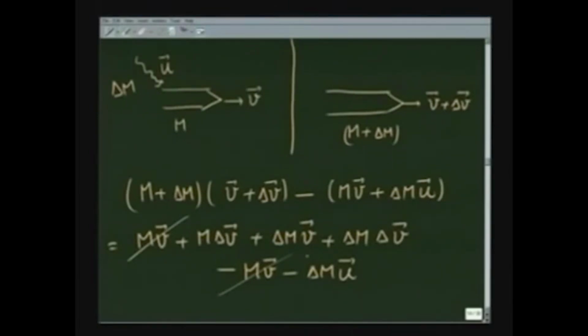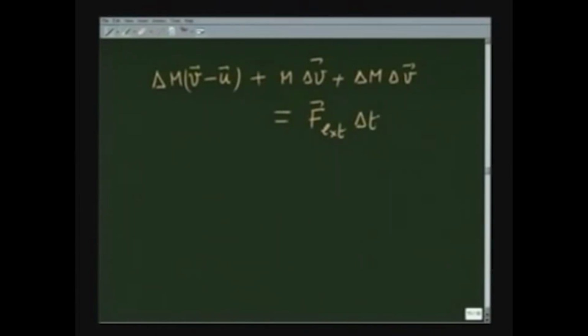I combine these to get the net momentum change to be delta m (v minus u) plus m delta v plus delta m delta v, and this must be equal to, this is a vector, F external delta t.